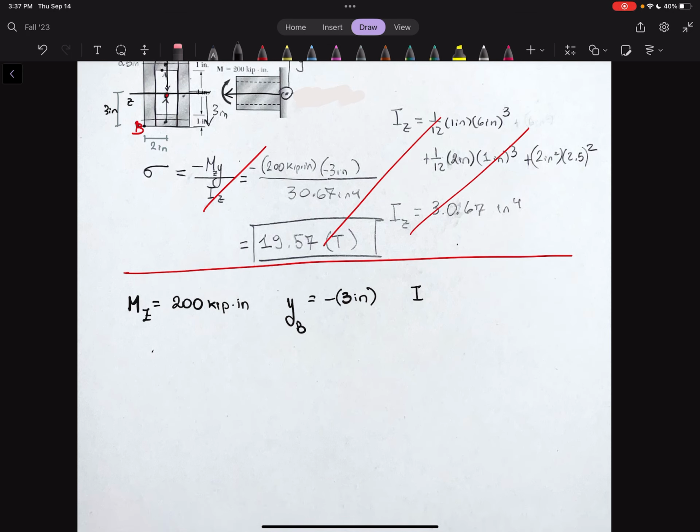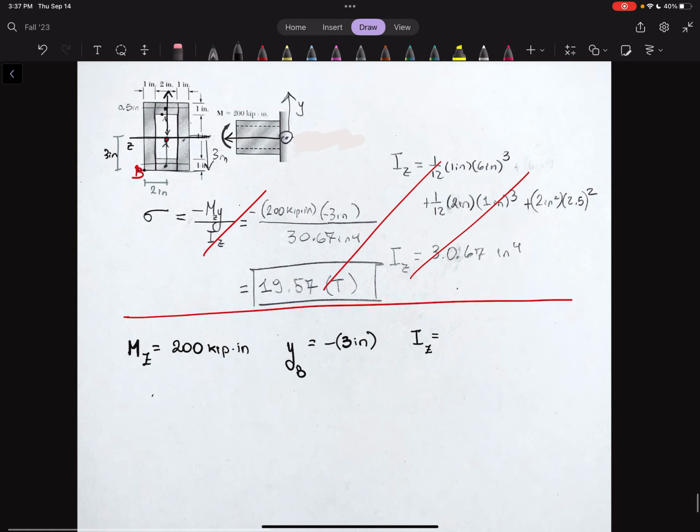This is the part that's a little nuanced. If you look at the cross section, you're going to have a small one and a larger one, but they're all lying on the same centroid. And the inner part is basically a negative area.